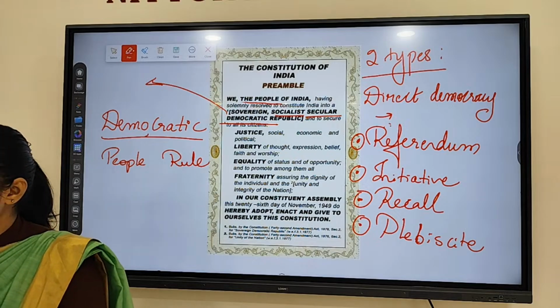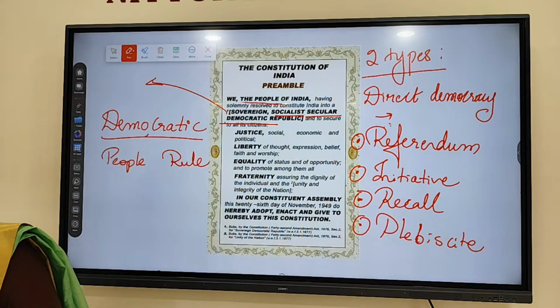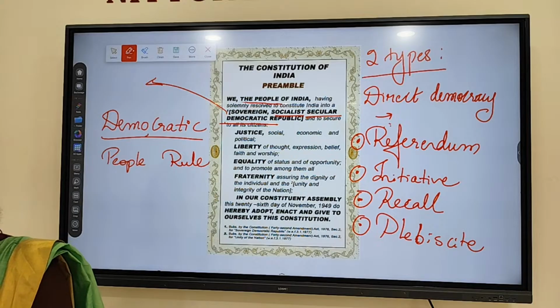Think that the citizens don't like any of the officials, and that person can be removed from the government.